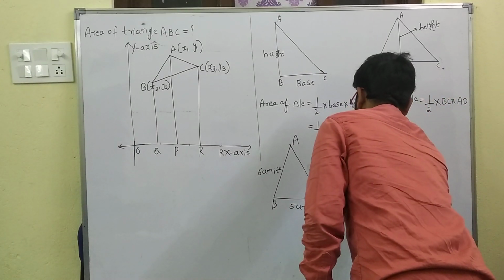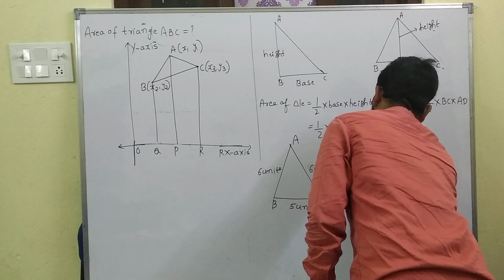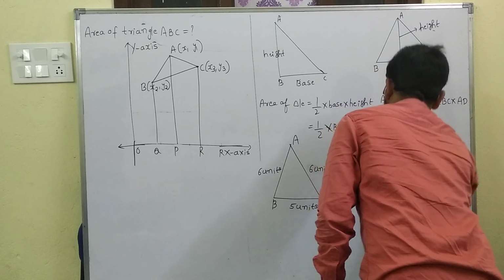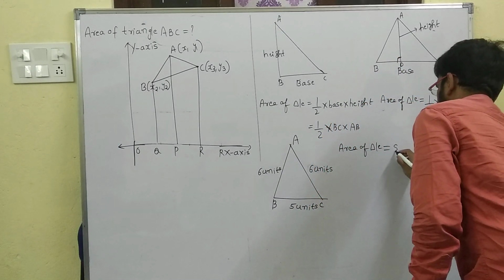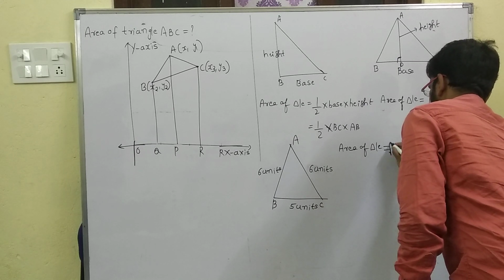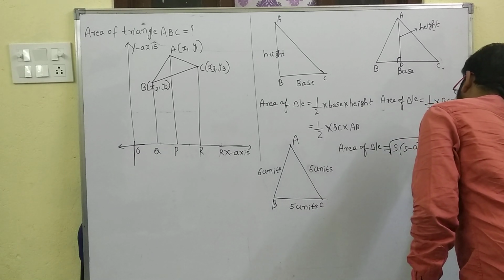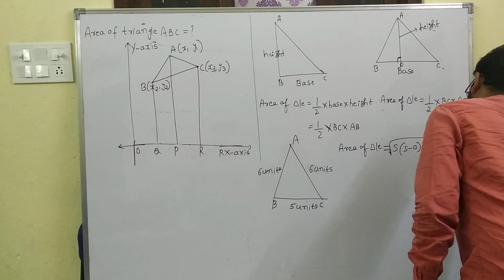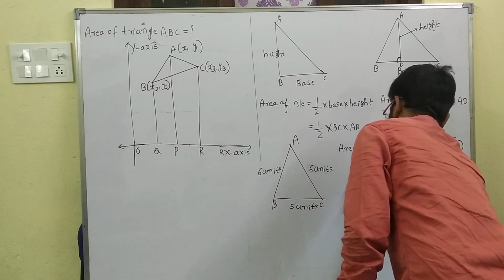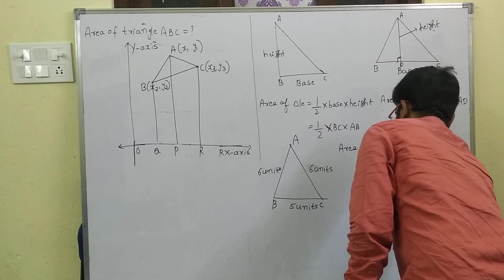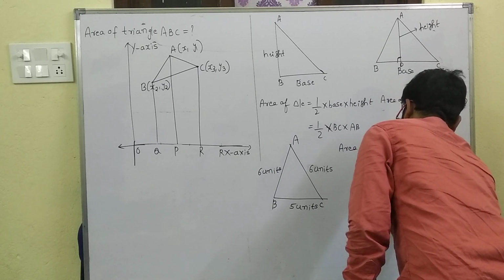Now, to find the area of the triangle in this case, we use Heron's formula: root over S into S minus a into S minus b into S minus c. So S is nothing but a plus b plus c by 2.